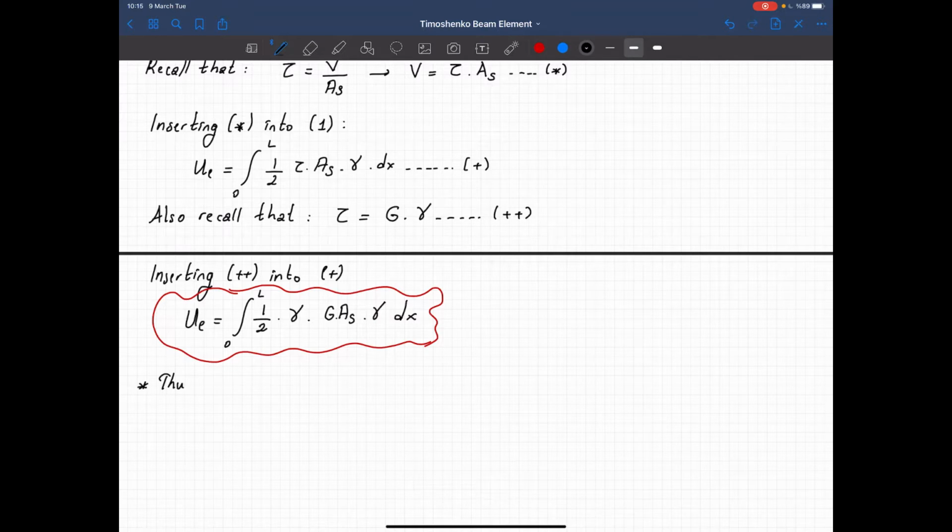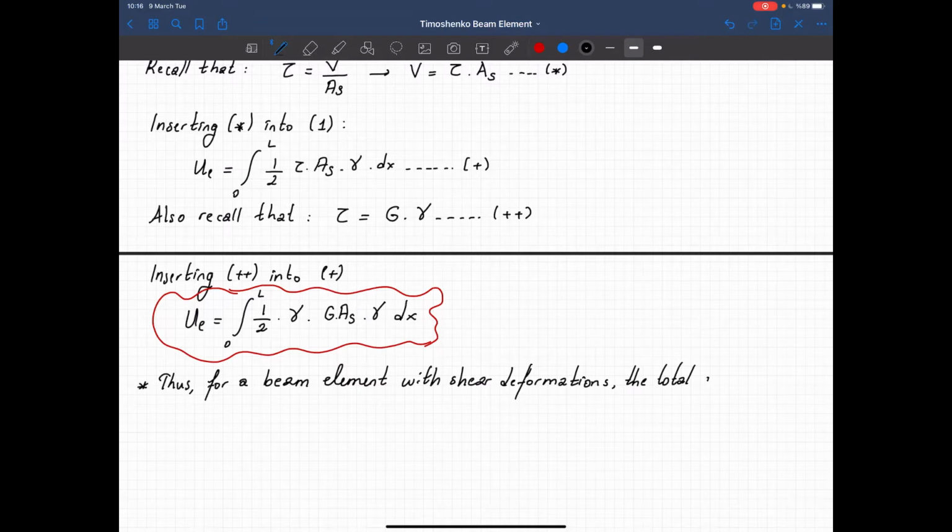So we can write the following equation. Thus, for a beam element with shear deformations, total strain energy is as follows.